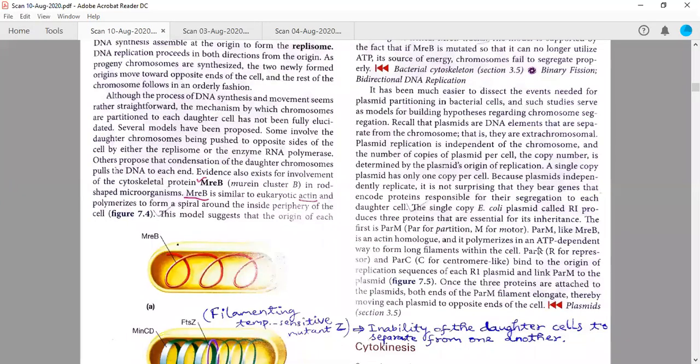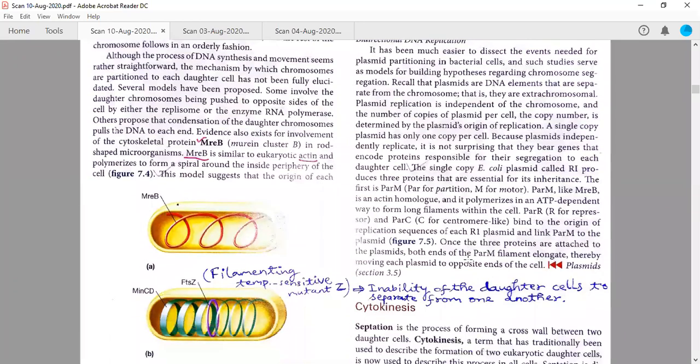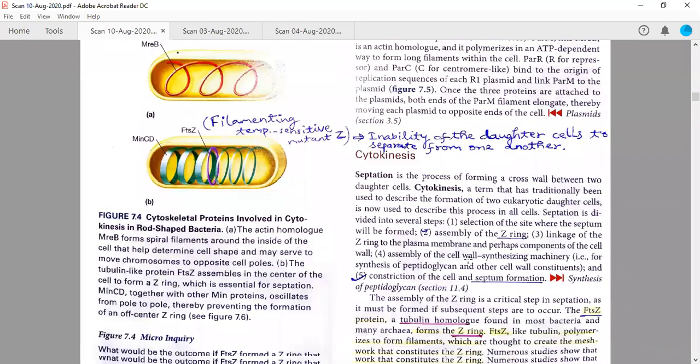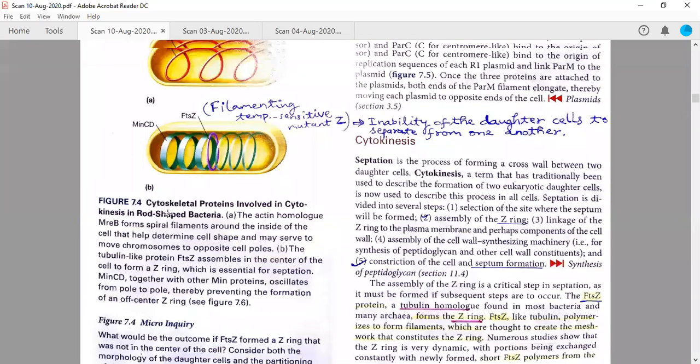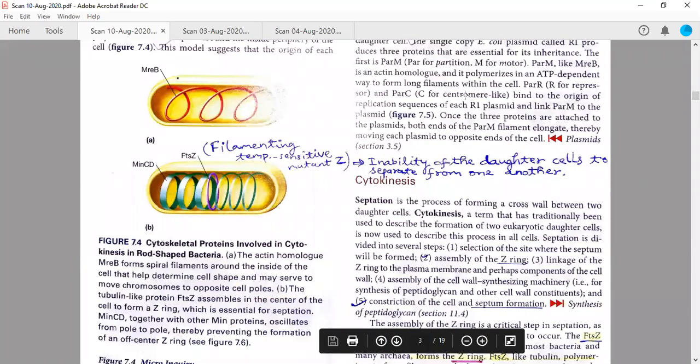Then R represents a repressor and C a centromere-like site. We have discussed R and C, which make red dot-like structures, given on the next page. So this is Par, C, and R. R for repressor, C for centromere-like, which bind to the origin of replication sequence of each R1 plasmid.